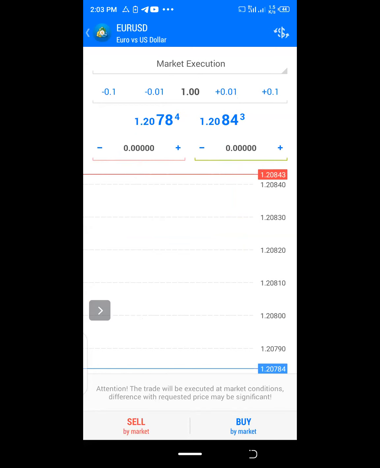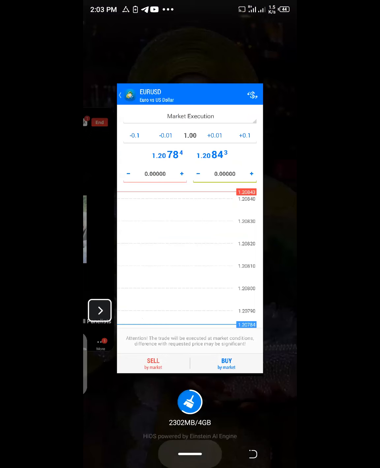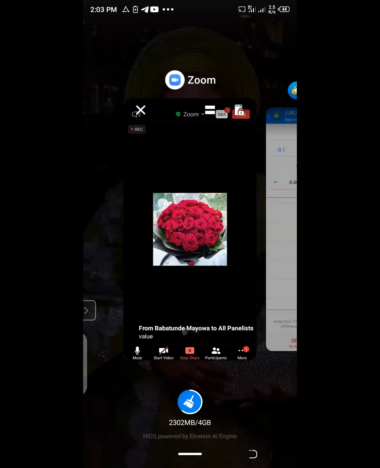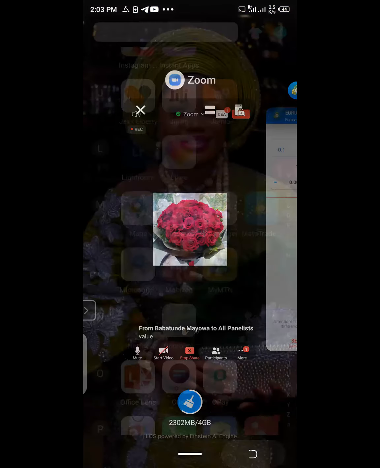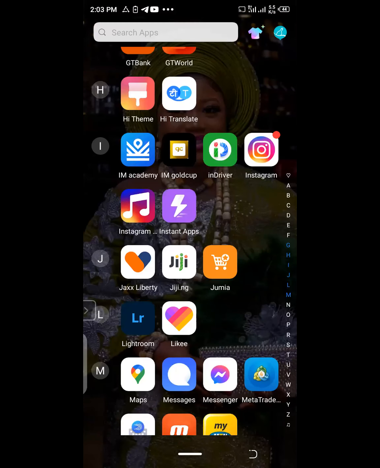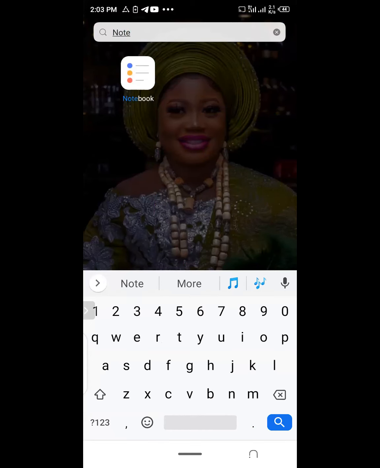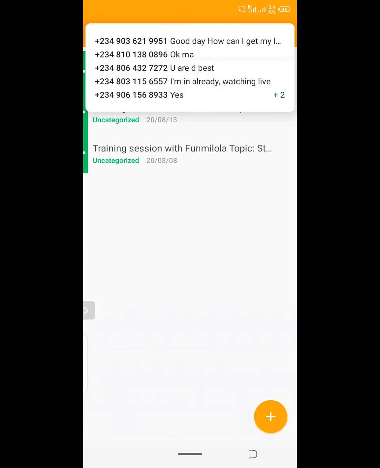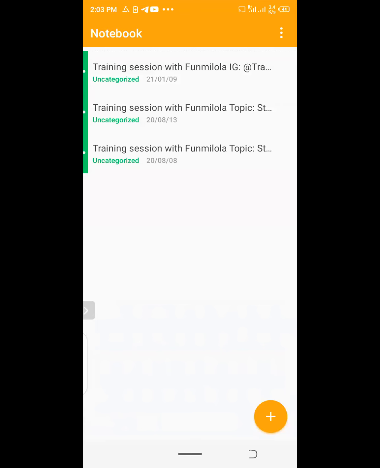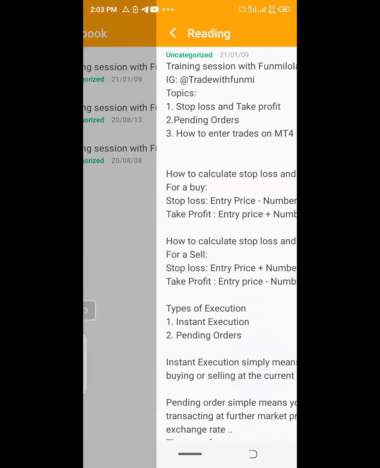I think I have something to show you what a trade looks like. Let me check my notes. And I'll also show you how to calculate your stop loss and take profit. Okay, great.